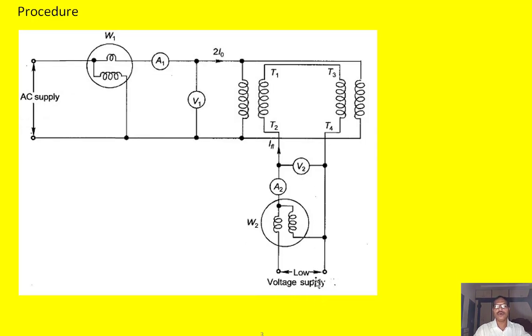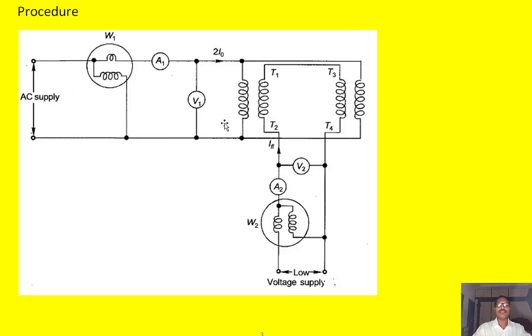This is a low voltage supply, and here we have the wattmeter, the ammeter, and the voltmeter. Similarly here, this is the wattmeter, this is the ammeter, this is the voltmeter. This wattmeter measures the iron loss of both the transformers put together, and this ammeter shows the no load current of both the transformers, and this voltmeter shows the applied voltage across the primary of the transformers.